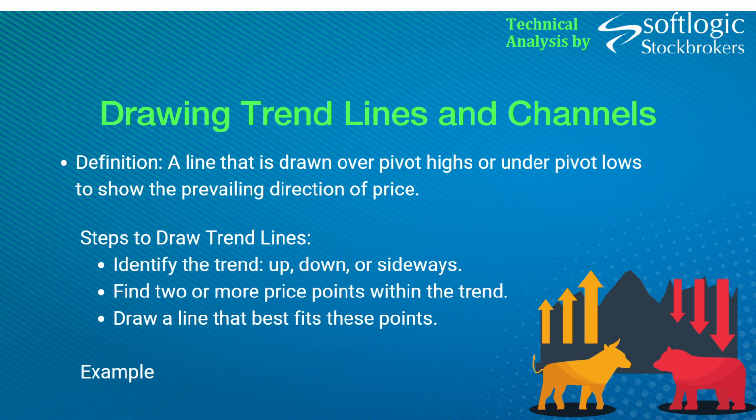And for a trend line to be made, there needs to be a minimum of two touch points with price. So if you're drawing a trend line, there has to be at least two places where price is touching that trend line for it to be valid.